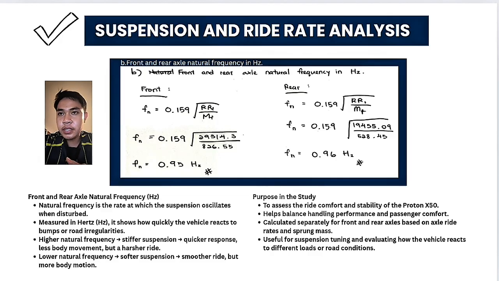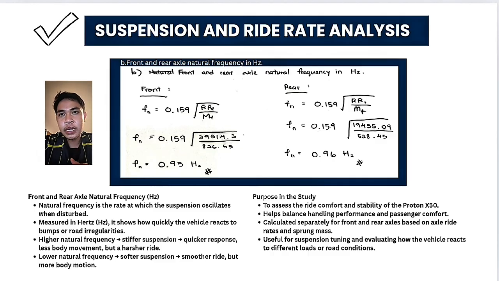Higher natural frequency gives you stiffer suspension, quicker response, less body movement but a harsher ride. Lower natural frequency gives you softer suspension, a smoother ride but more body motion.